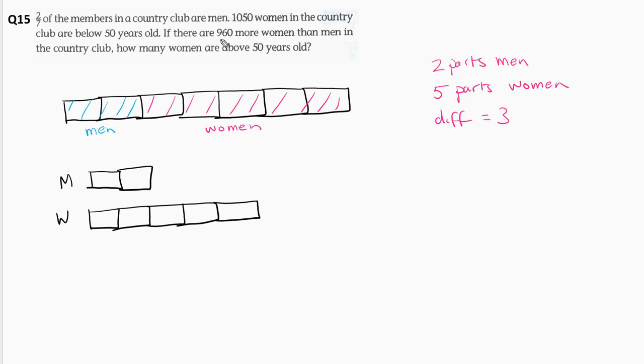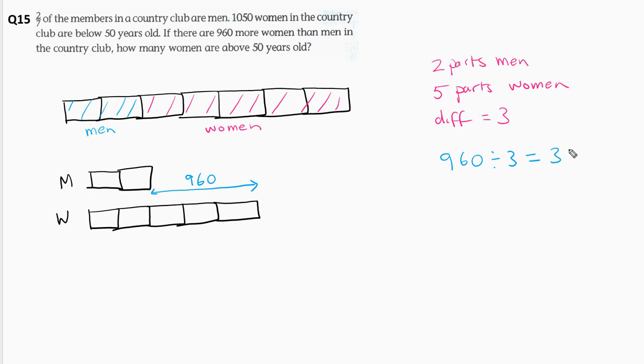And we are told that there are 960 more women than men in the country club. So that's this difference here, okay? The difference between the men and the women, and that's 960. And on this model, we can very easily see that 960 is equal to 3 parts. So 960 divided by 3 will give us the value of each part.